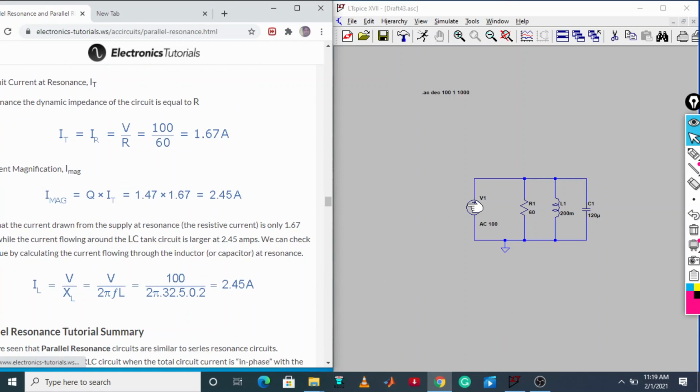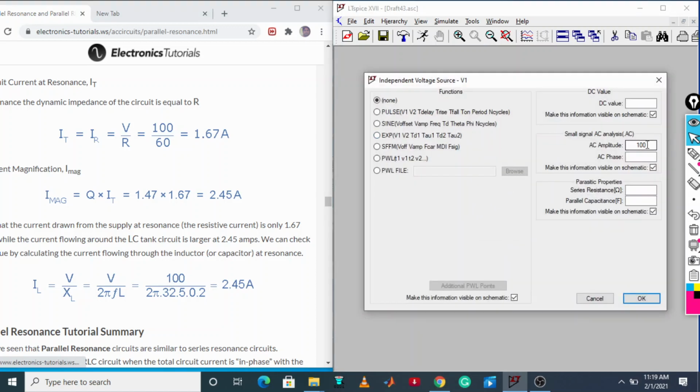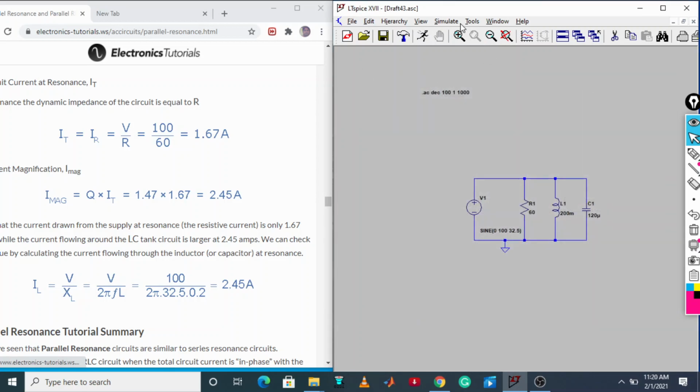Left click this one, remove this AC amplitude, go to sinusoidal. The amplitude is 100 volt, and the frequency is 32.5, that is the resonance frequency. Put OK and go to simulate.